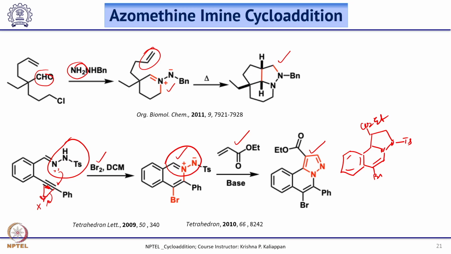Then the tosyl group will be eliminated, so you get a double bond there, followed by air oxidation, and you will get the corresponding product.